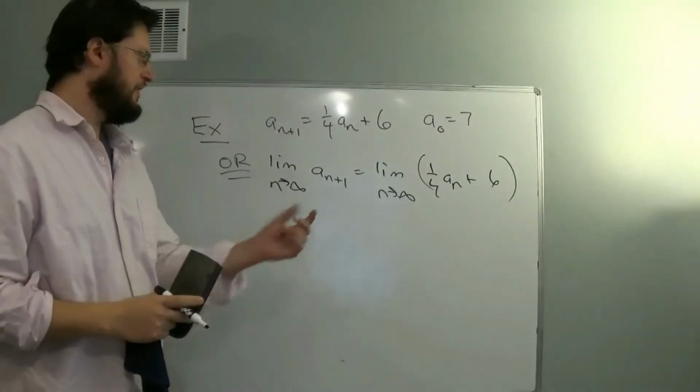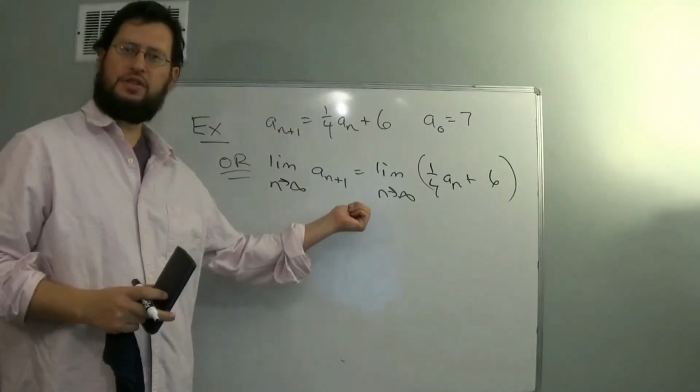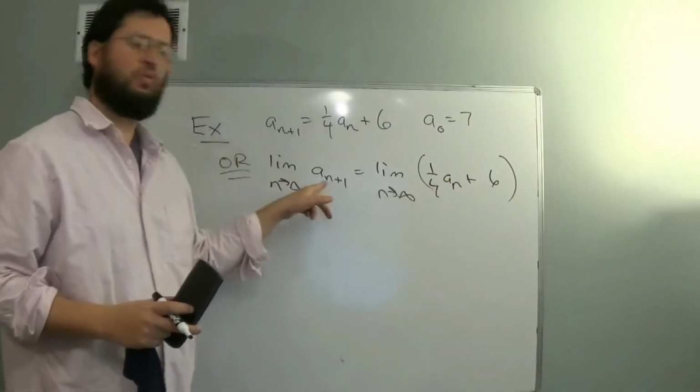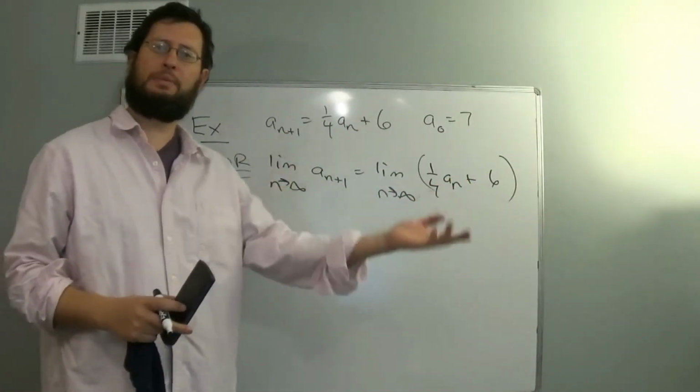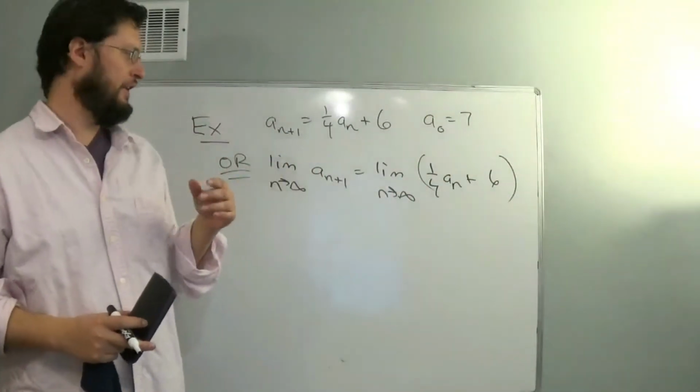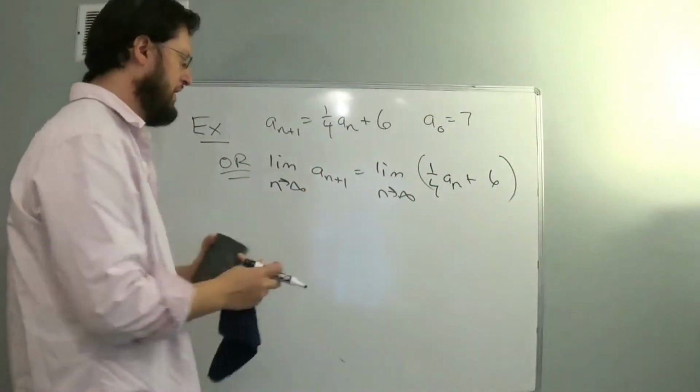The idea here is that the limit of the (n+1)th terms is the same as the limit of the nth terms. This is just one ahead, it's always one step ahead, but when I take the limit, I'm just getting to the limit in the very end. So these things are exactly the same.